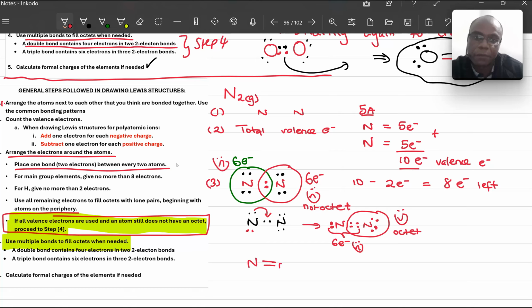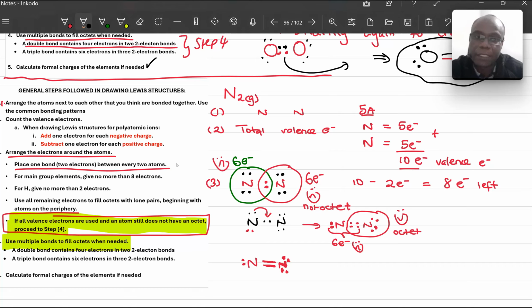So far what we have is a double bond and a lone pair on the outside. The nitrogen to the right is happy with 8 electrons, because a double bond means 2, 2: 4 bonding electrons, and 4 non-bonding electrons, which are the 2 lone pairs.